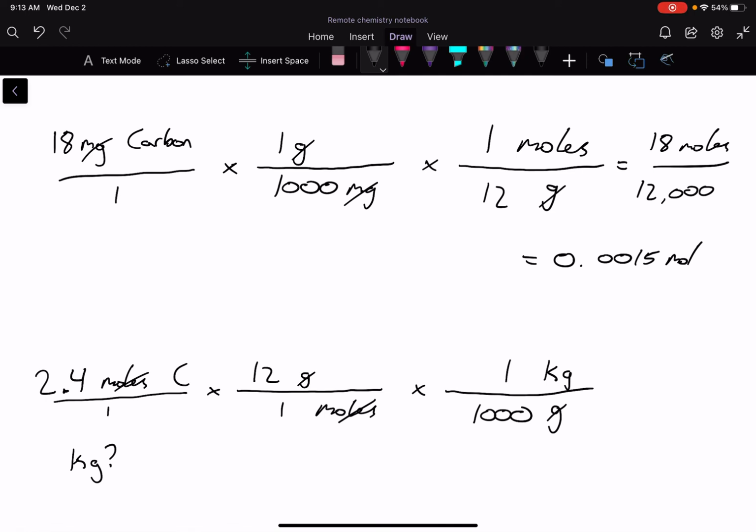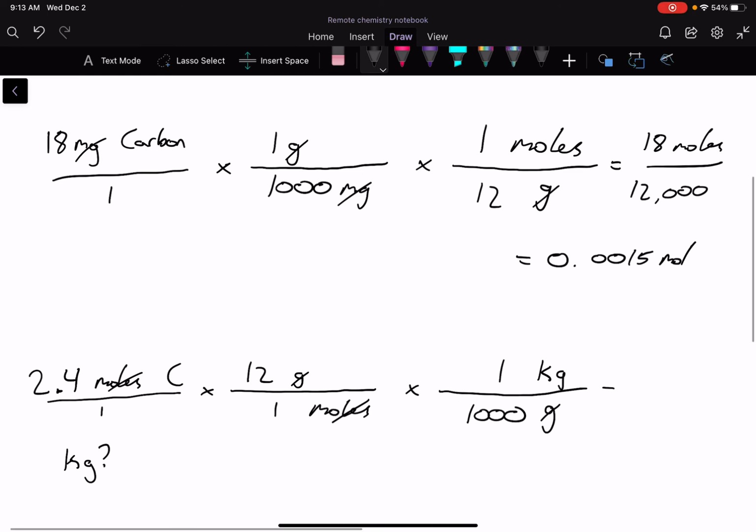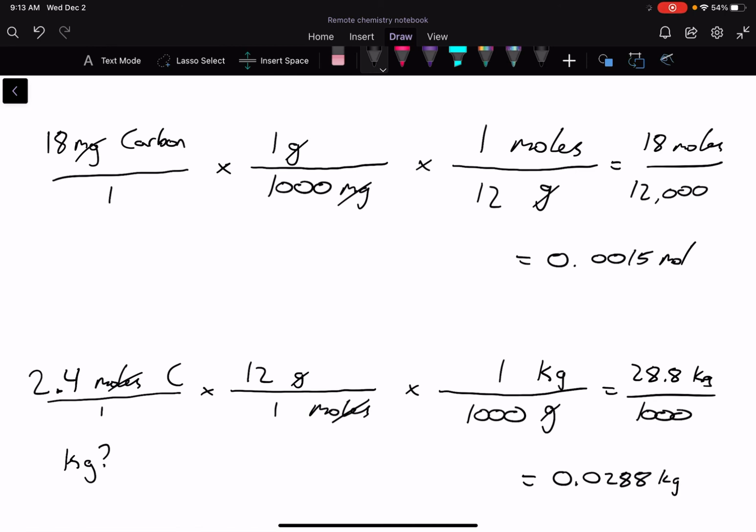So when you multiply these fractions straight across, the only thing you should be left with is kilograms, which is what we want. So multiplying across, we have 28.8 kilograms divided by 1,000. And so this is going to be equal to 0.0288 kilograms.